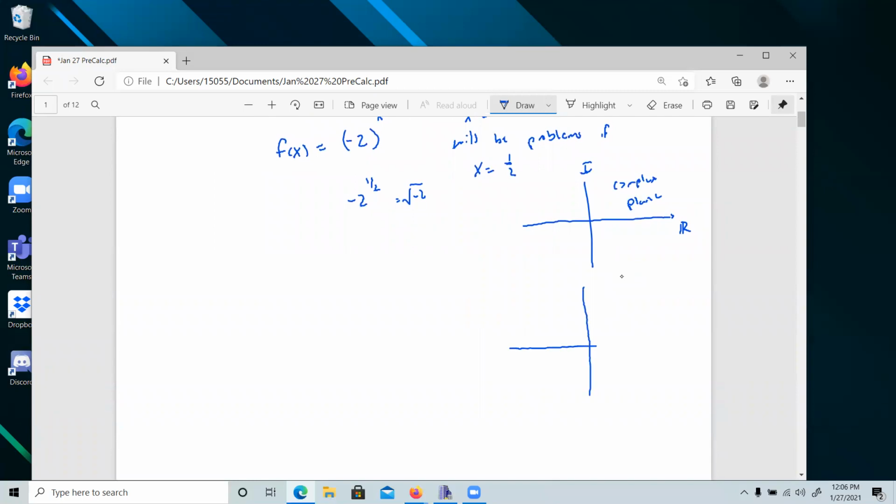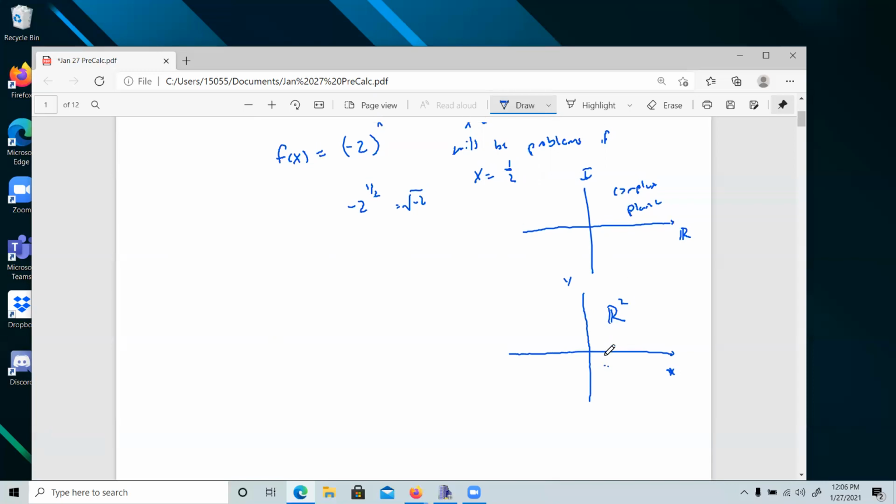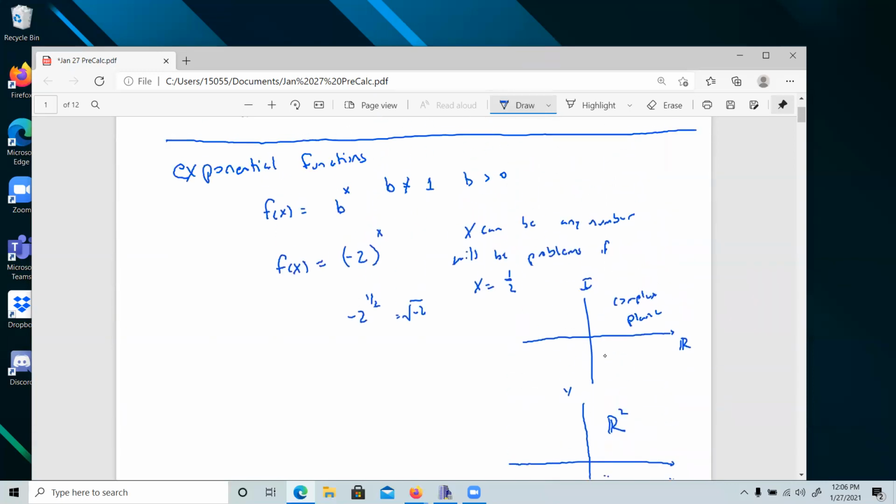Okay. But mostly we want to constrain ourselves to the real plane. It's R2 is what this is called in more advanced classes. But the Cartesian plane, the XY plane, we can't graph this because there's no imaginary numbers on this coordinate system.